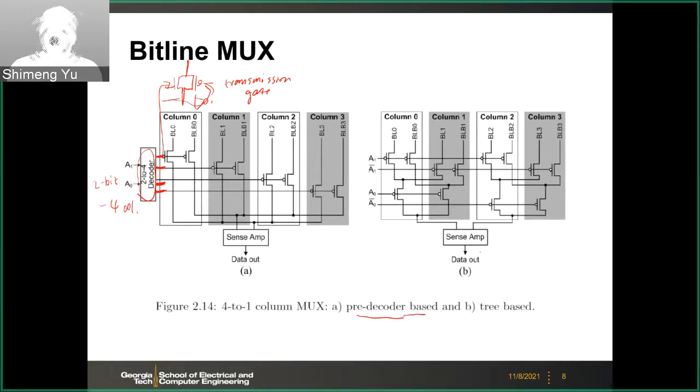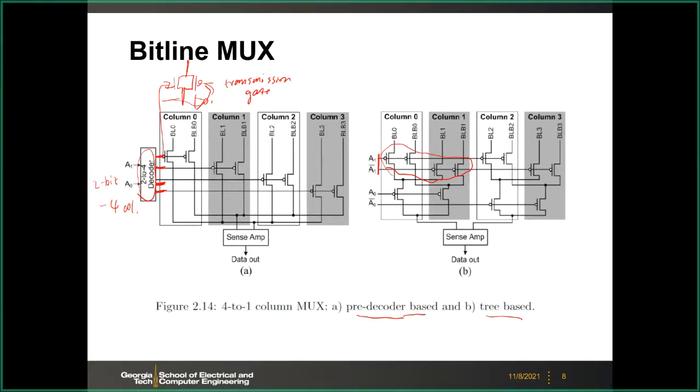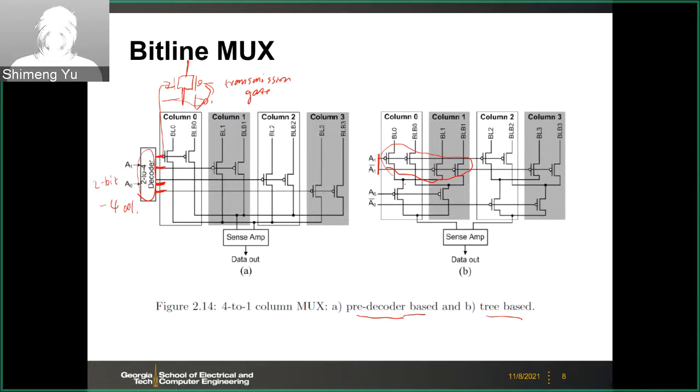And the other type is tree-based. In this case, you directly use a transistor tree. For example, you have 4 pass gates controlled by address 1 and then address 0, and then you need 2 of those to control that.